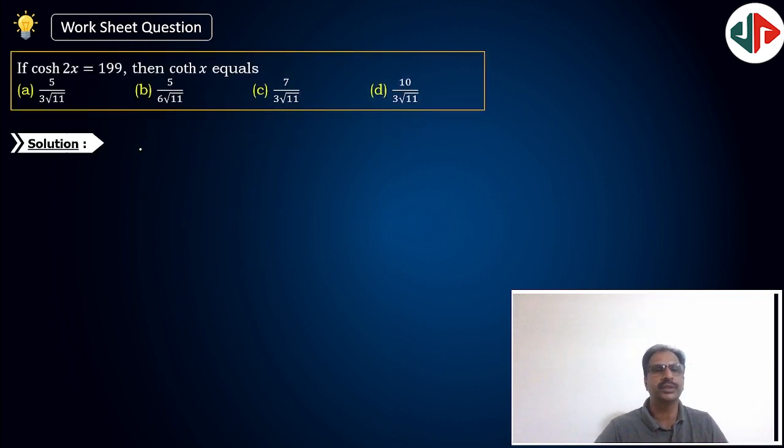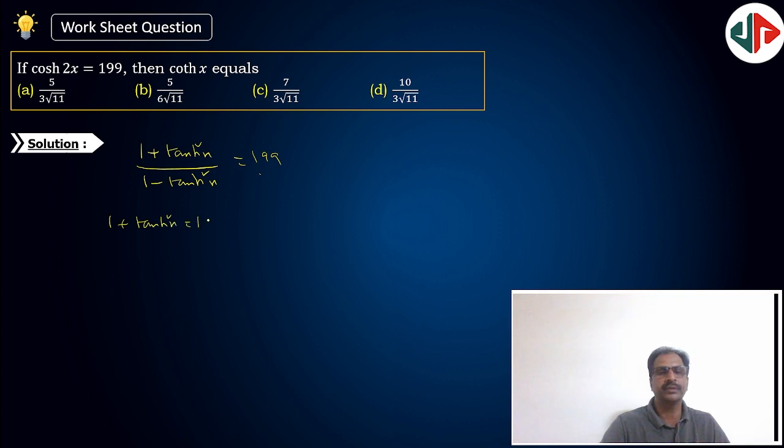Next, cos h 2x is given, you have to find cot hx. The cos h 2x formula is 1 plus tan h square x by 1 minus tan h square x. This is given as 199. Do cross multiplication. So 1 plus tan h square x is equal to 199 minus 199 tan h square x.